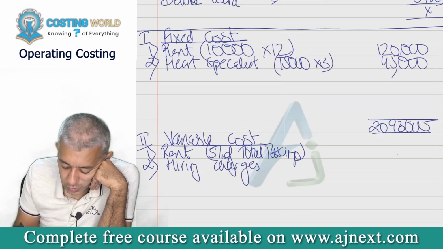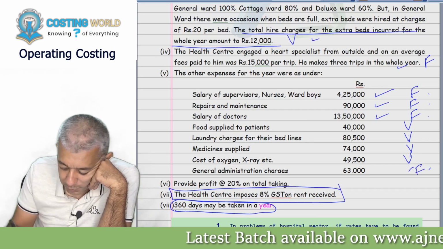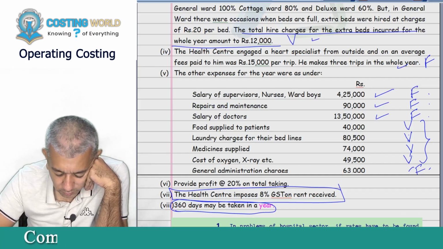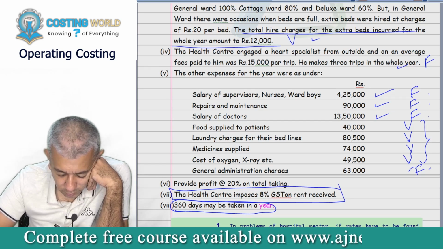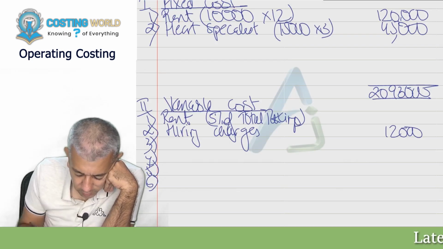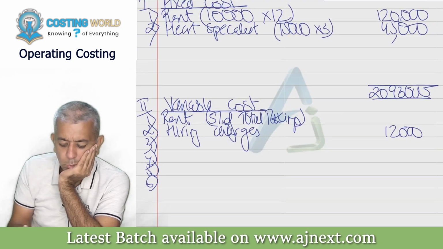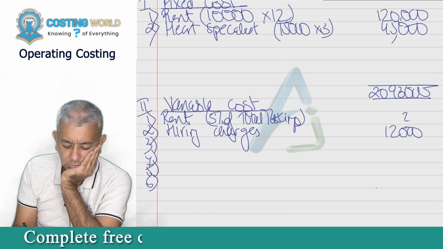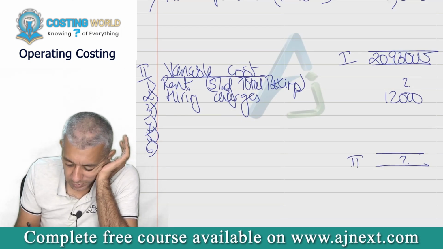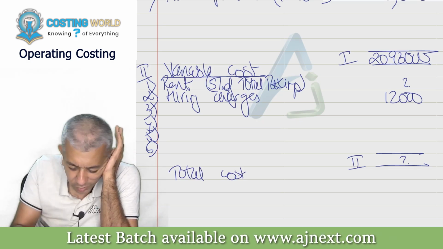Hiring charges was 12,000. Then beta put all these 4 costs over there. Put these 4 variable costs. Three, 4, 5, 6. You can't tell me the total now because we do not have this. Okay. So we'll not be able to get the total, so just leave it off.